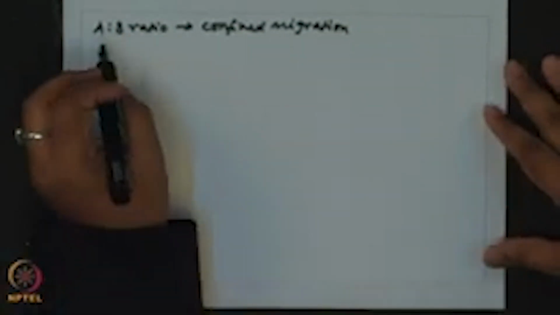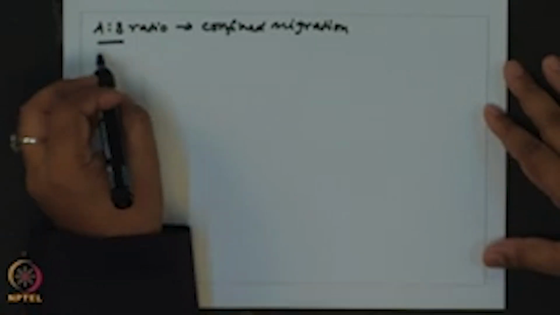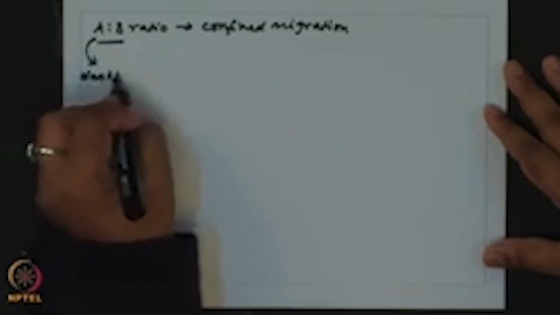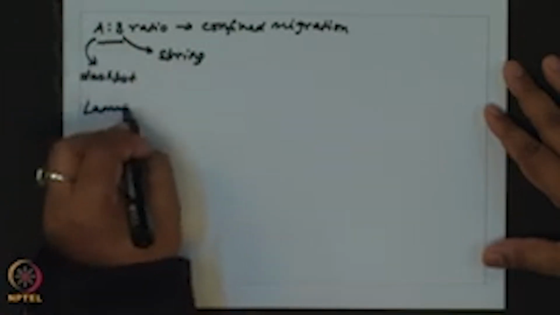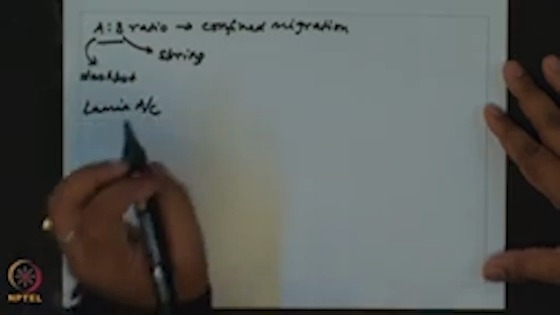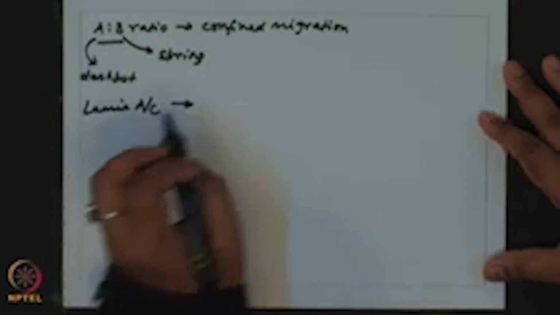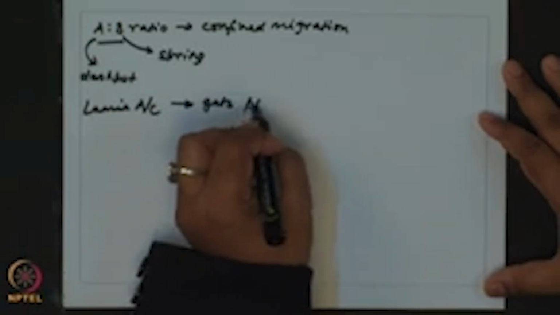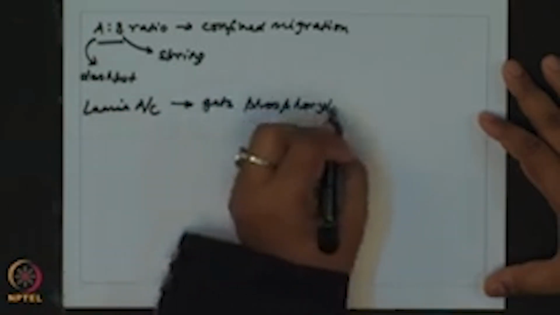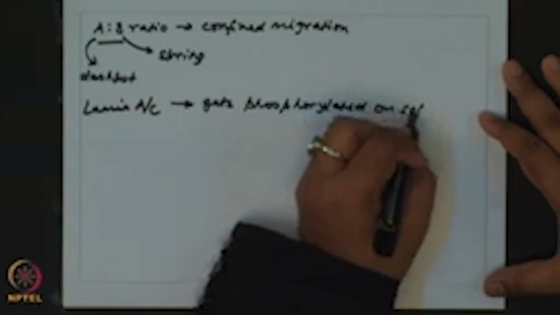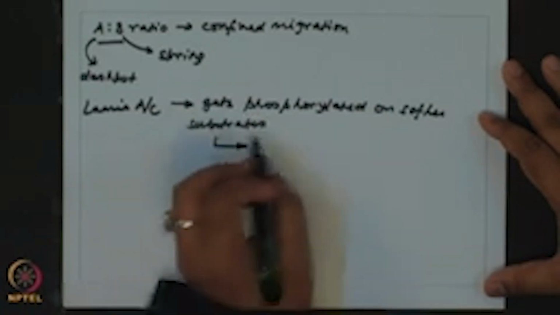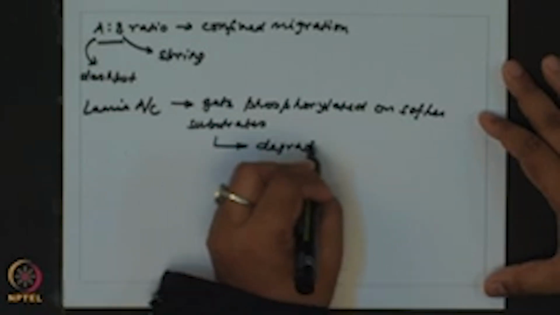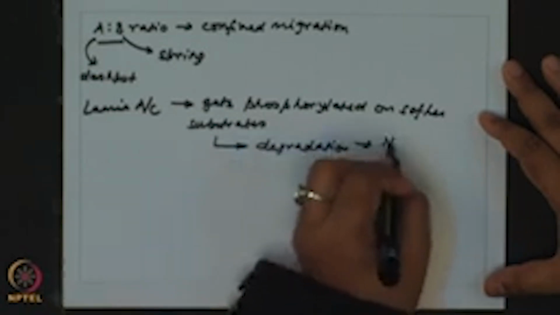Once again, A operates as a dashpot, B operates as a spring, and lamin A, or lamin AC, because it is a splice variant, gets phosphorylated on softer substrates, and this phosphorylation leads to degradation of the protein, making the nucleus soft.